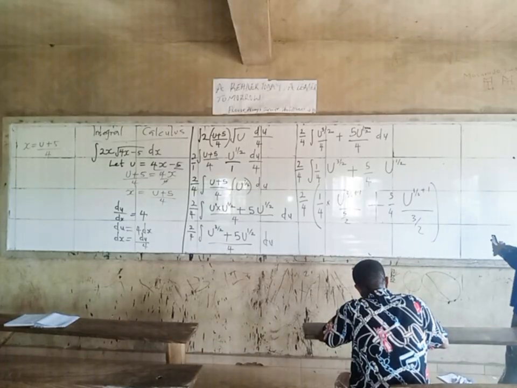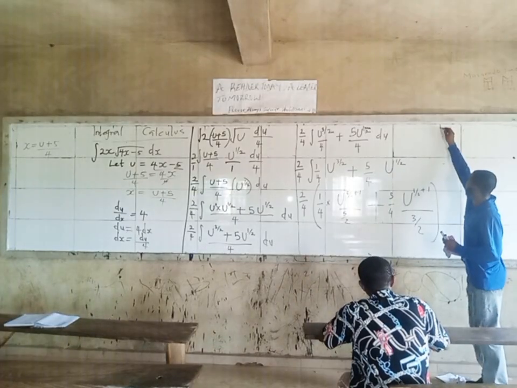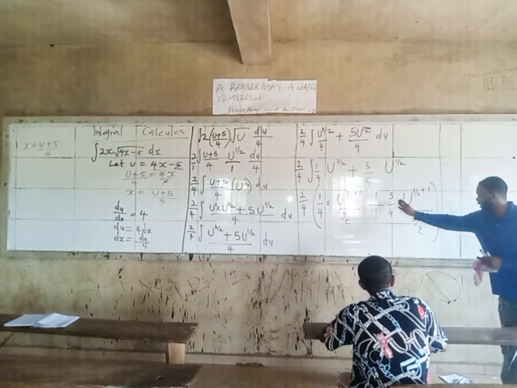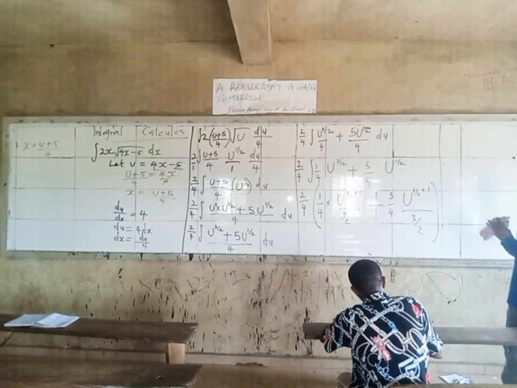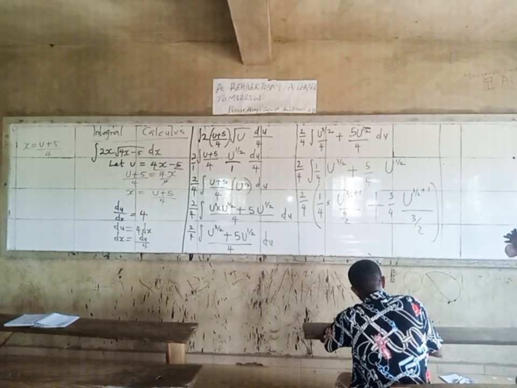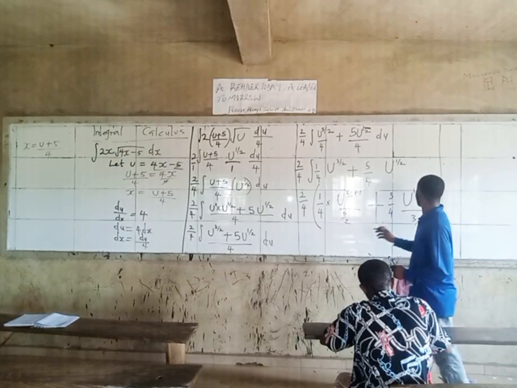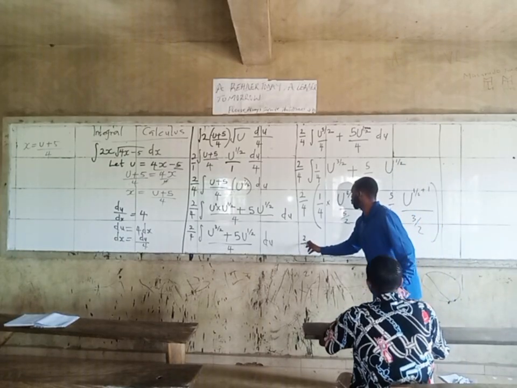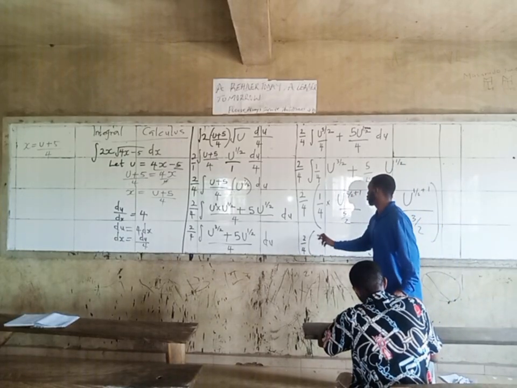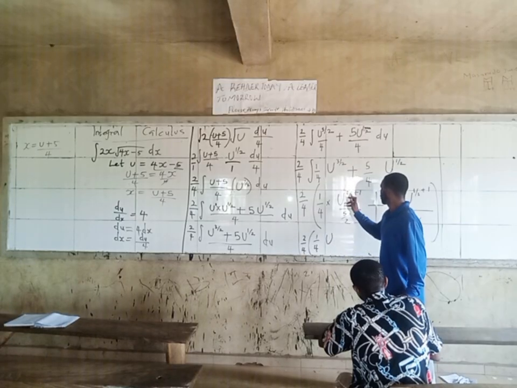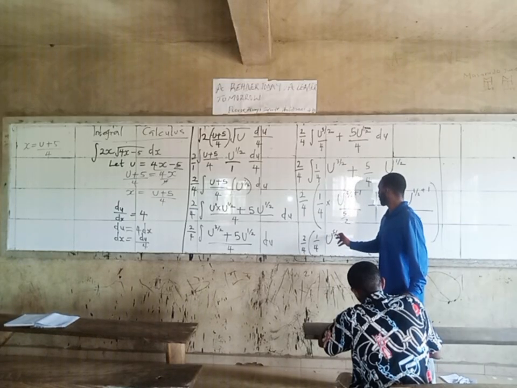So by the time you do this, you see that you are now getting, I could have done this, carrying these things out, but I don't want issues. That's why I'm taking each one at a time. So this is going to be the same as saying 2 over 4 root 1 over 4, then u 5 over 2.